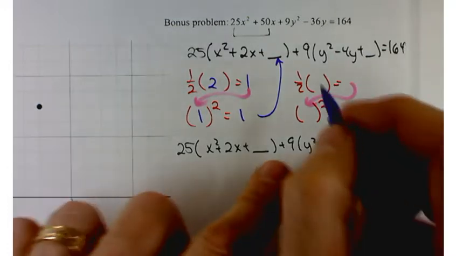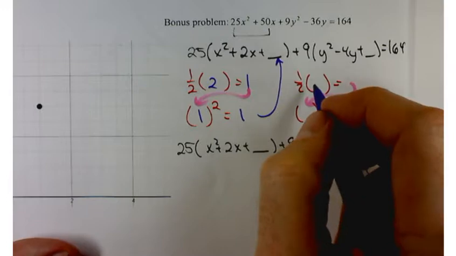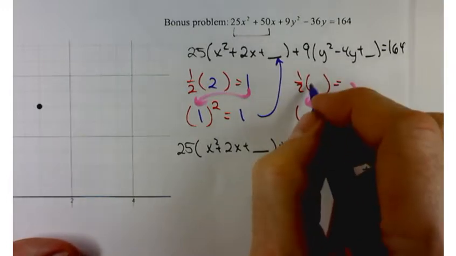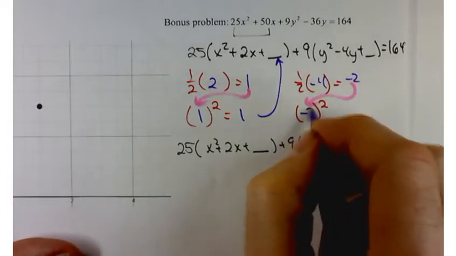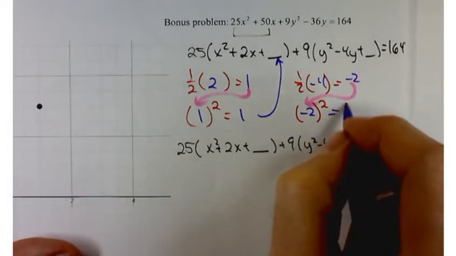In this case, it's half of what? Negative 4. So half of negative 4 is negative 2. Negative 2 squared is 4 again.